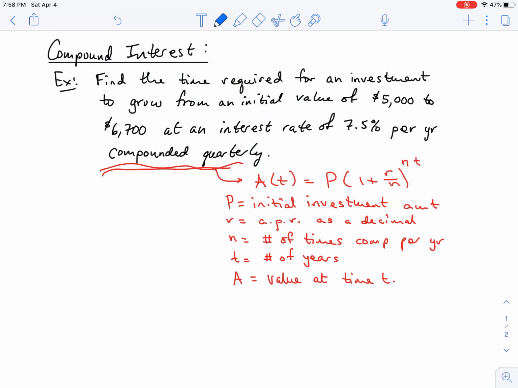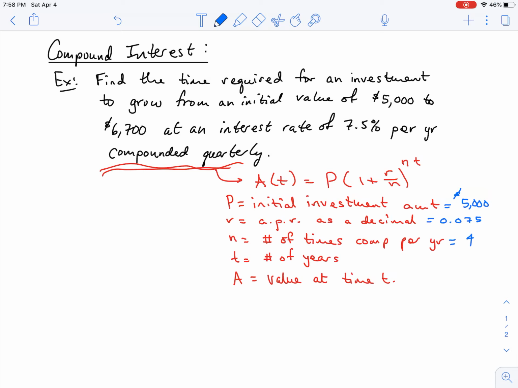Now, looking at what is given in the story, we can see that the initial investment amount is $5,000. We can see the interest rate is 0.075. The number of times per year is 4 because it's quarterly.